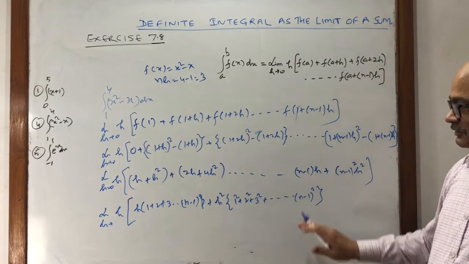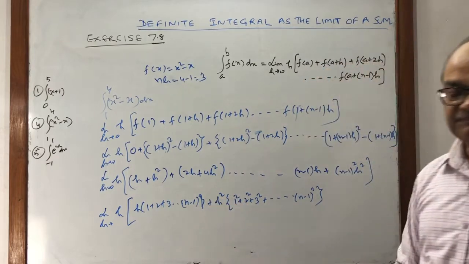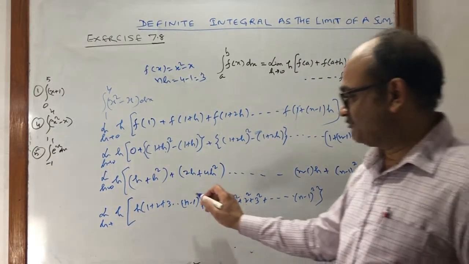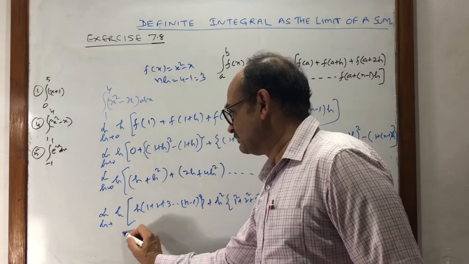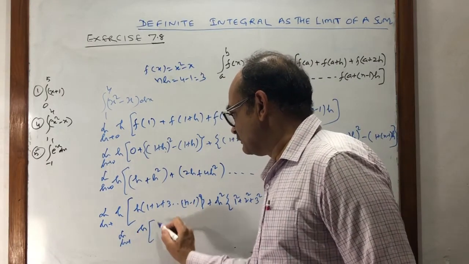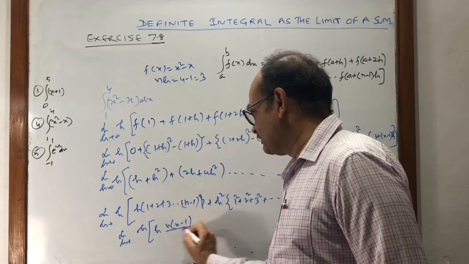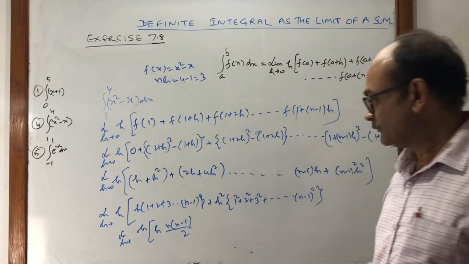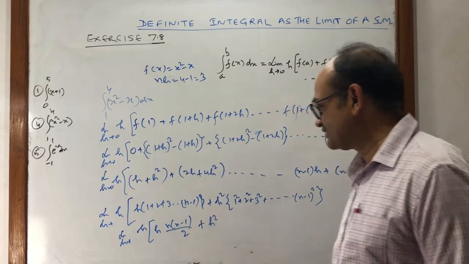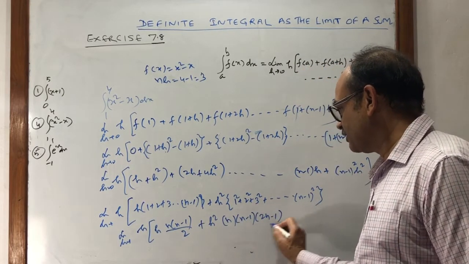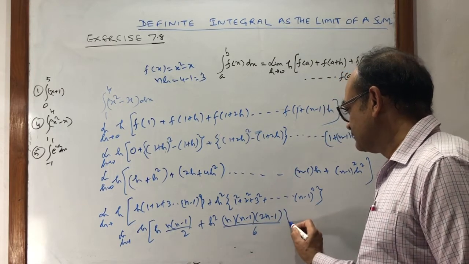Correct. Now these two sequence totals you know from your class 11 sequence and series. So here we write the formula: h times n minus 1 divided by 2 plus h square times n minus 1, 2n minus 1 divided by 6.